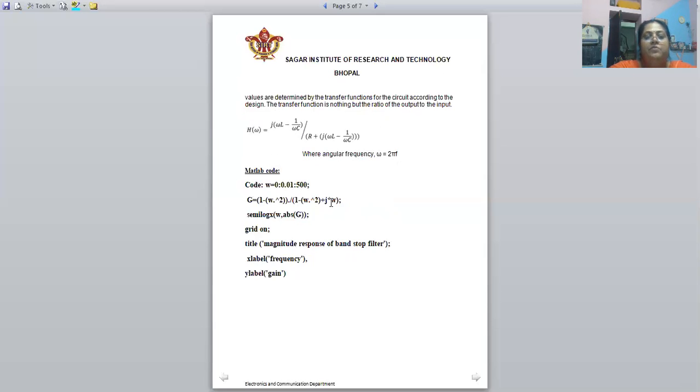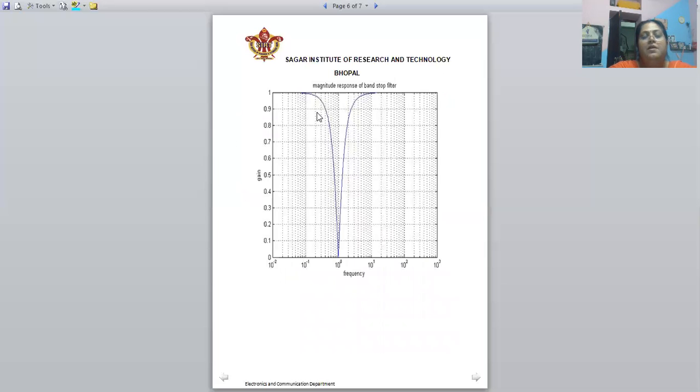We have provided the gain, and to plot the magnitude, gain versus frequency, we have used the command semilogx with w and the absolute value of G. We turn the grid on, and we give the title as magnitude response of the band stop filter. We have labeled the X label as frequency and the Y label as gain. So with this program, we plot the simulation result of the band stop filter.